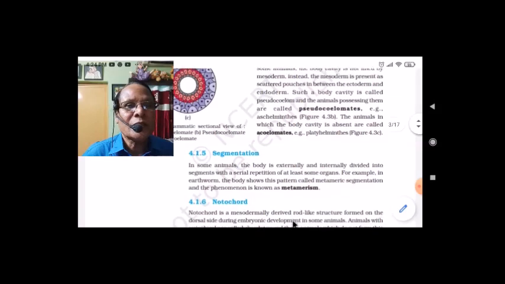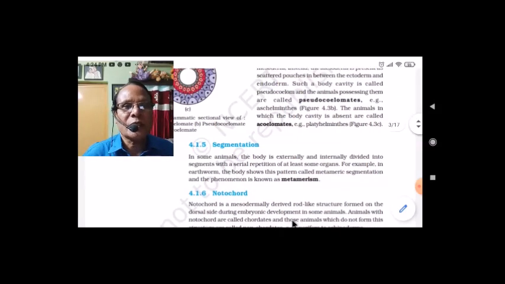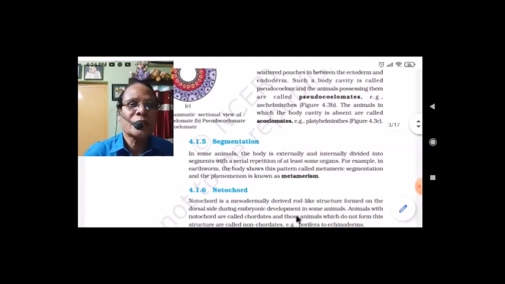Now if you are taking chordates, there is a presence of a dorsally located, rigid notochord, a rod-like structure which is replaced by the vertebral column in higher vertebrates. This notochord is a rod-like structure filled with vacuolated cells derived from mesoderm, present dorsally to the digestive system.